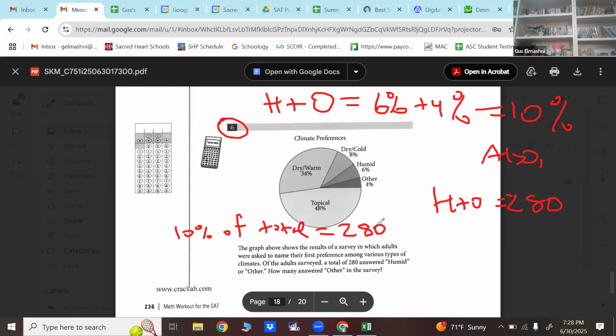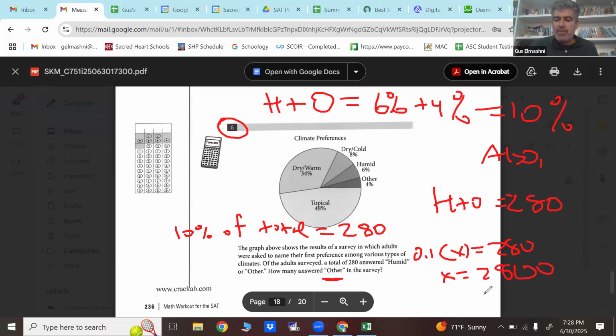So 0.1 times x equals 280. If you solve for x, you get 2800. But you're not out of the woods yet. Now you know the total. How many said other? You have to multiply that by 4%.